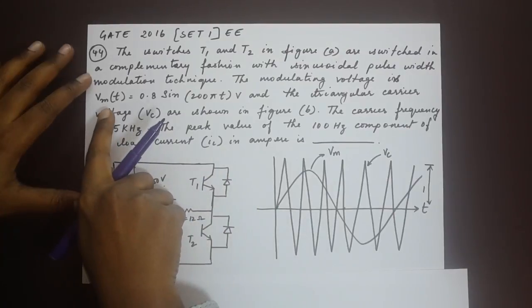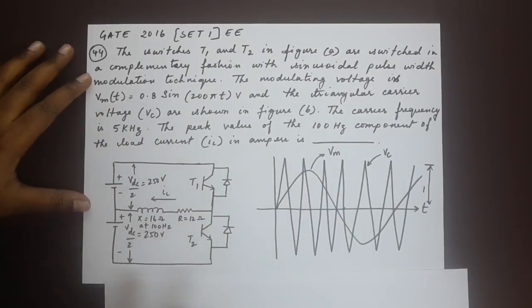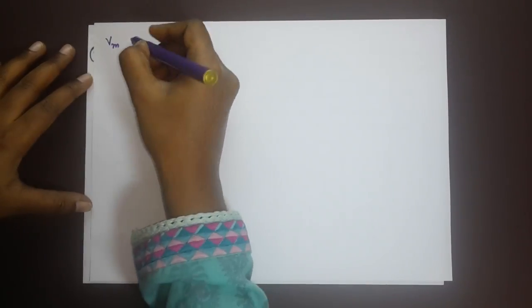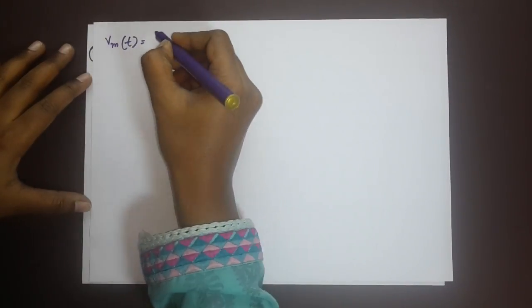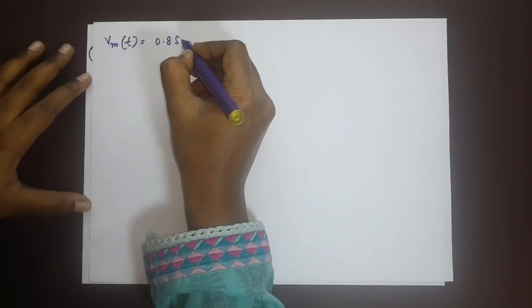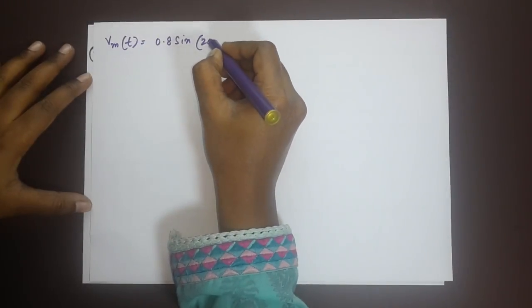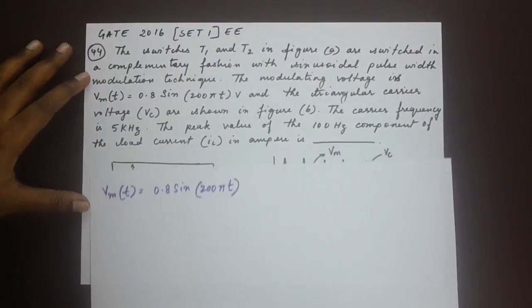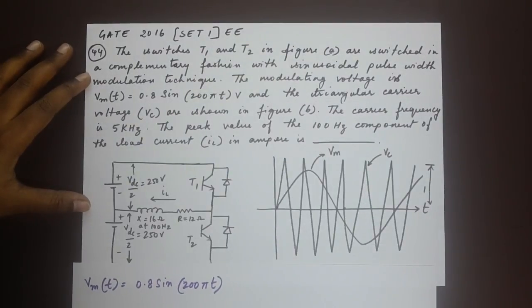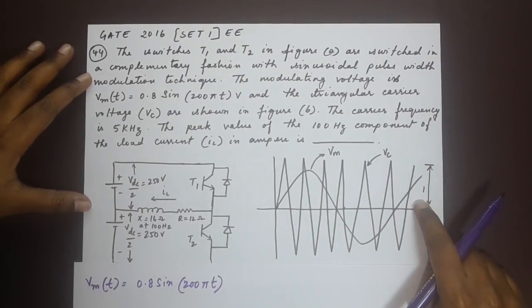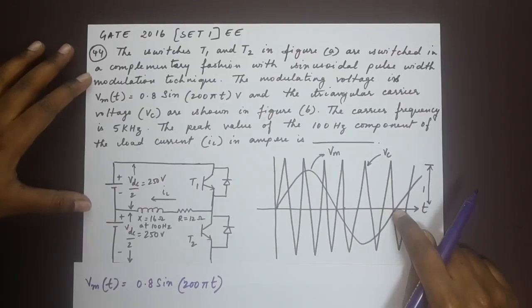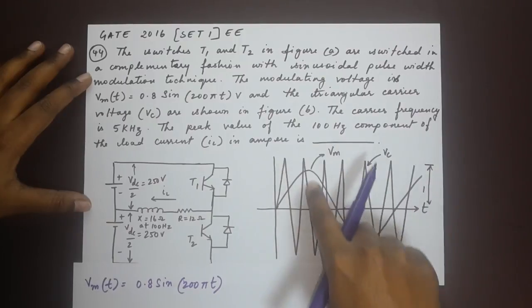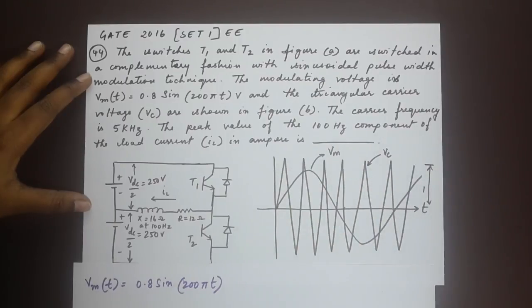So first we have our modulating voltage given to us, that's Vm of t is equal to 0.8 sine 200 pi t. Okay, so you should know that in this waveform given here, the sinusoidal wave is the modulating voltage waveform, and the triangular waveform is the carrier wave.